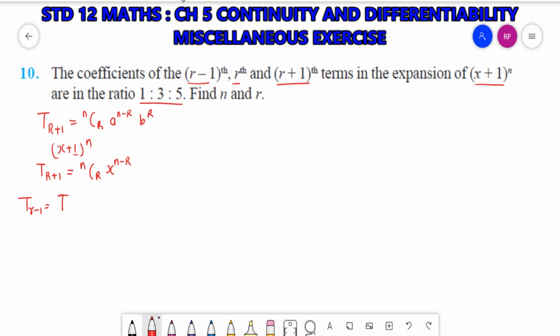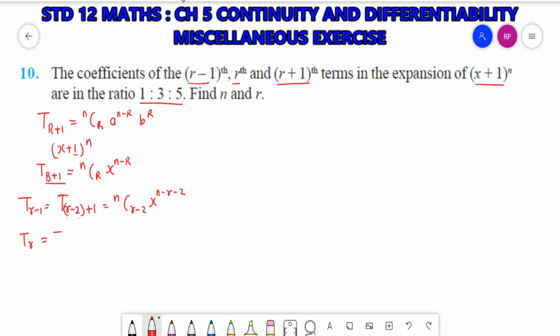So it will be T(r-2+1). Clear? Okay, because I need to express it in the form of R plus 1. So now here capital R is equal to r-2. So that will be nC(r-2) x^(n-r-2).